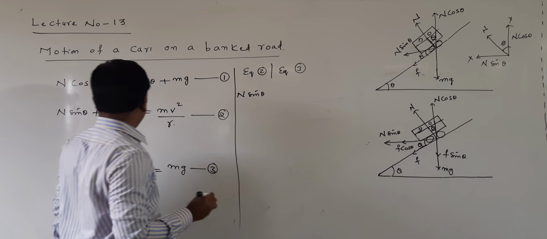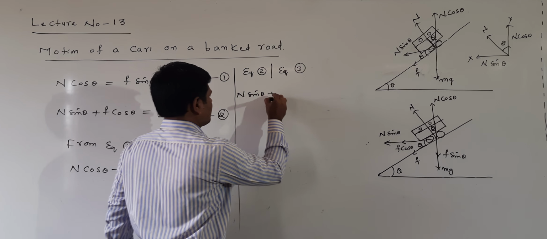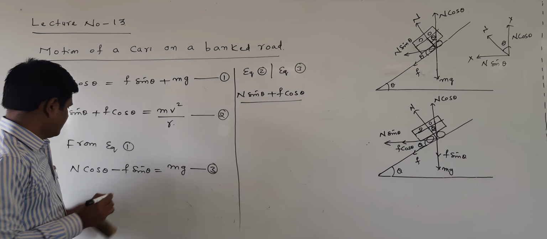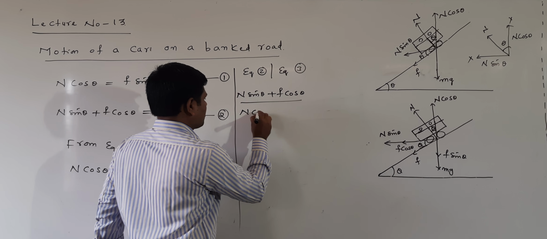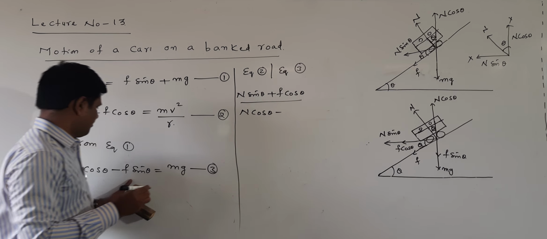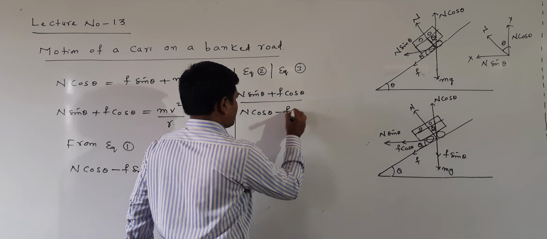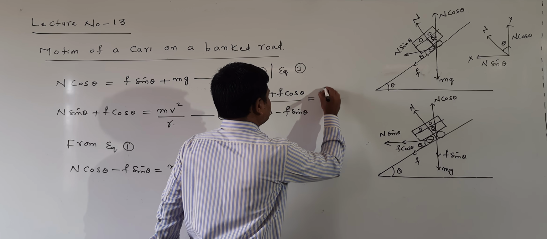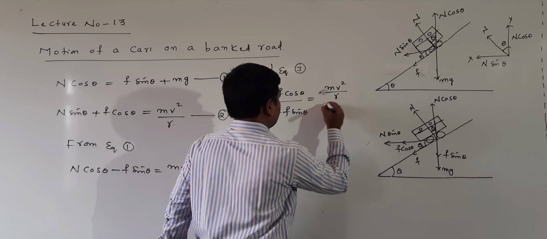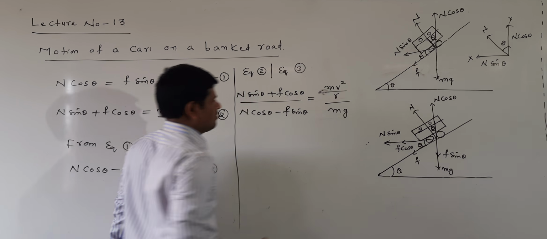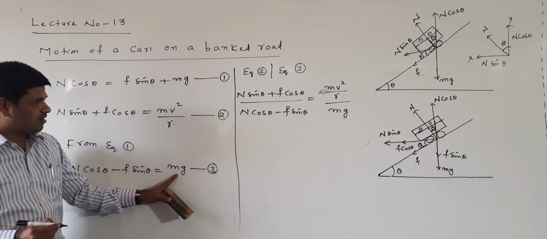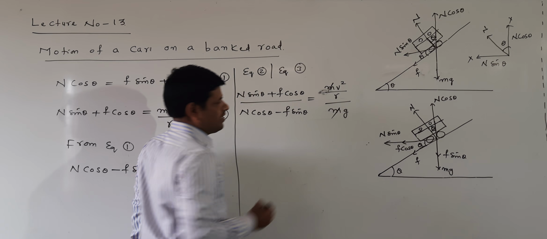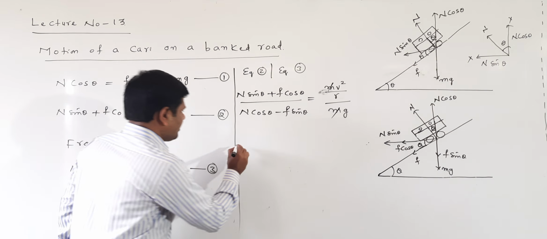N sin theta plus f cos theta by N cos theta minus f sin theta is equal to mv square by r by mg. Equation 2 divided with equation 3. Now m and m get cancelled.